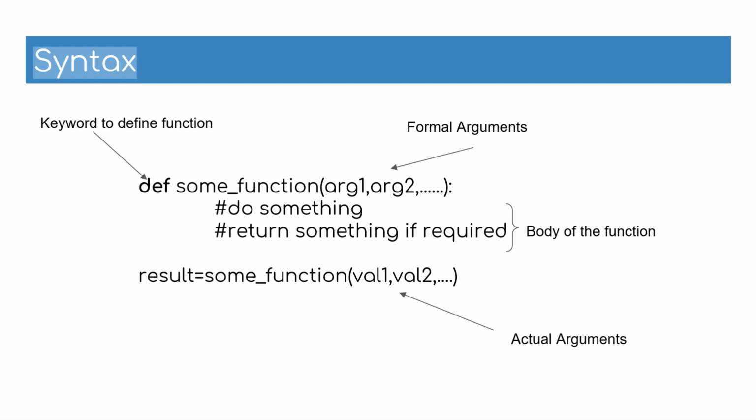So 5 and 6 would be calculated and 11 would be returned. Similarly, if I said print hello, you do not need anything in return, you only want to pass the message, so no need to return anything. So the function is called similarly and the values are passed with actual arguments. Let us say 3 comma 5 would be passed here and it would be stored in a certain variable.